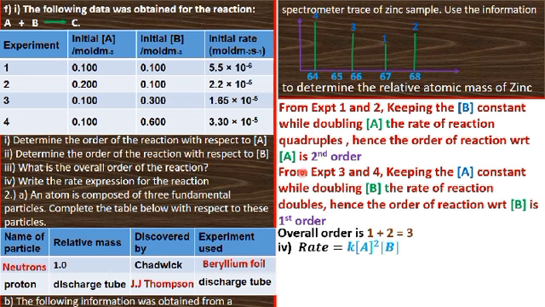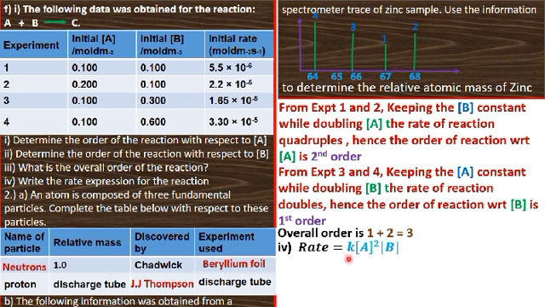The last part of this section says that the following information was obtained from a spectrometer trace of a zinc sample. Use the information to determine the relative atomic mass of zinc. So friends, when you see questions like this, it becomes very easy because you need to score the marks.